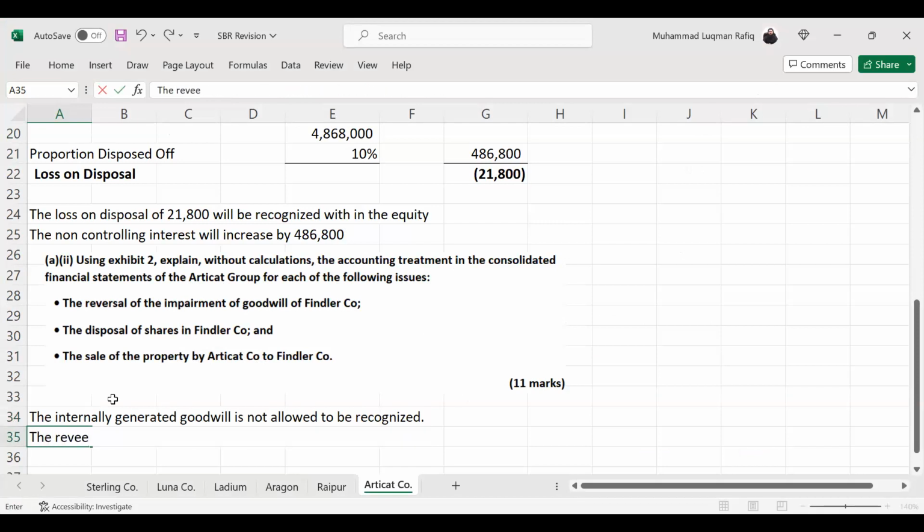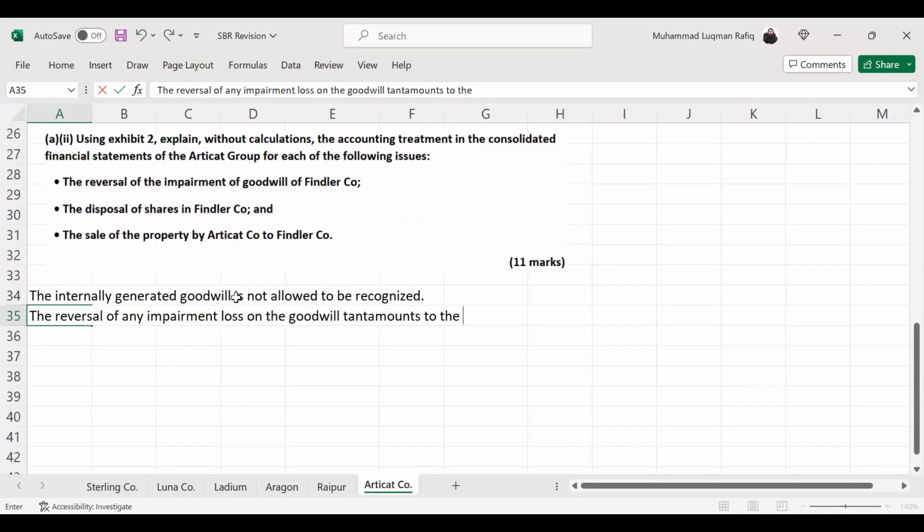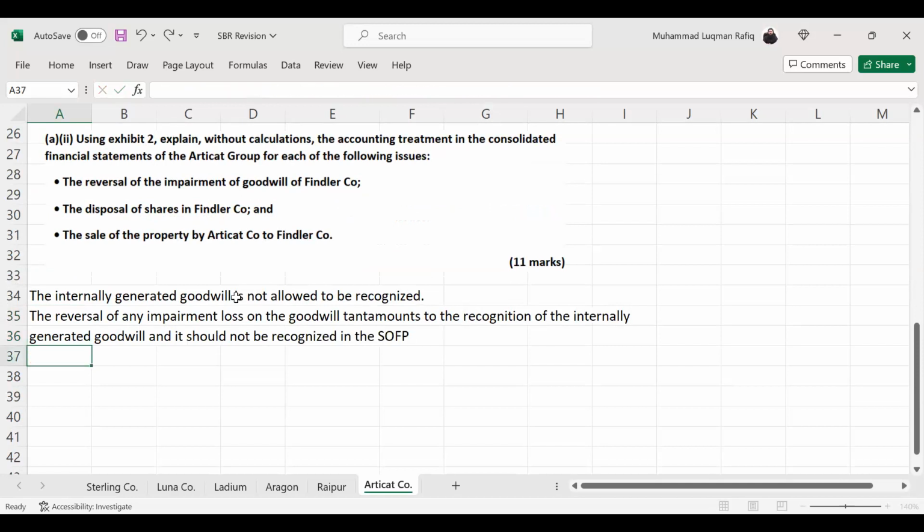The reversal of any impairment loss on the goodwill tantamounts to the recognition of internally generated goodwill, and it should not be recognized in the SOFP.